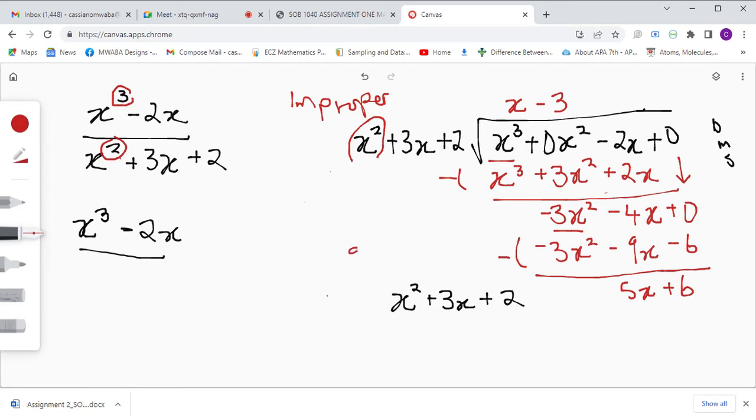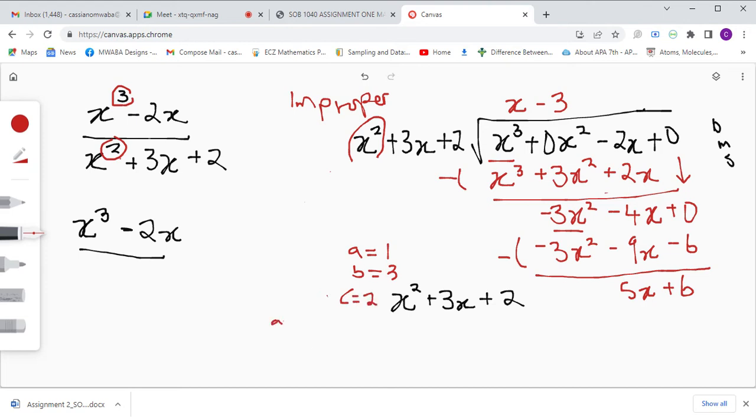So remember, we have to write down our a, b, and c. Our a, which is the coefficient of x squared, is 1. Our b, which is the coefficient of x, is 3. And our c equals 2.